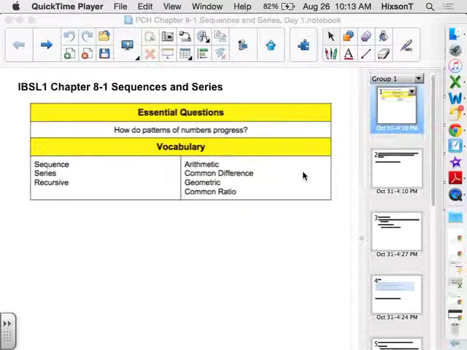If you can't glance at a vocabulary word and know exactly what it's talking about, then you're not quite ready for that part of the unit. These should be no-brainers by the time we're done. They should be really easy for you, not necessarily today, but as you approach the end of the unit.